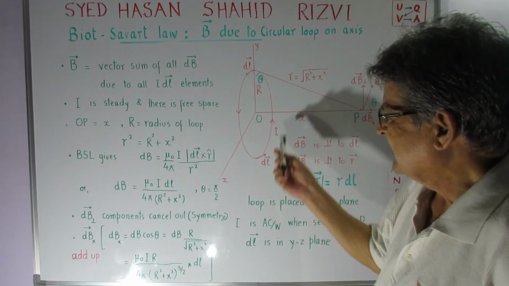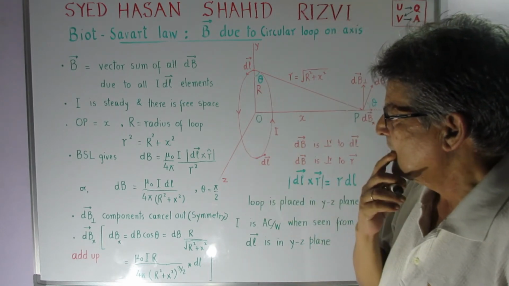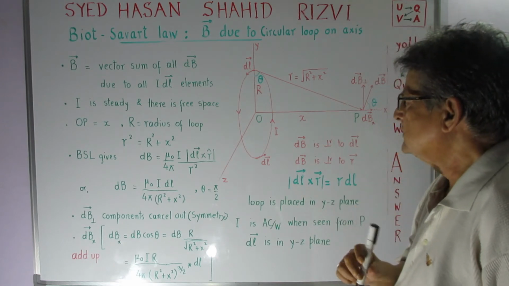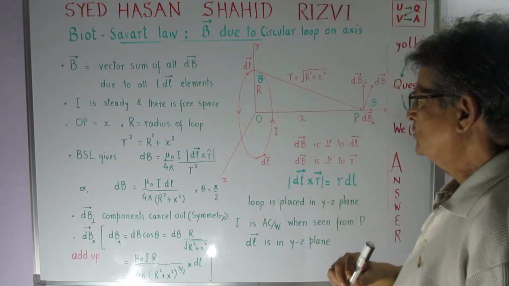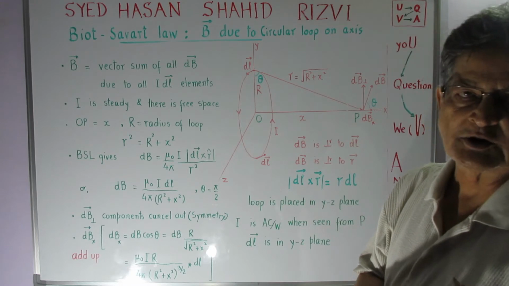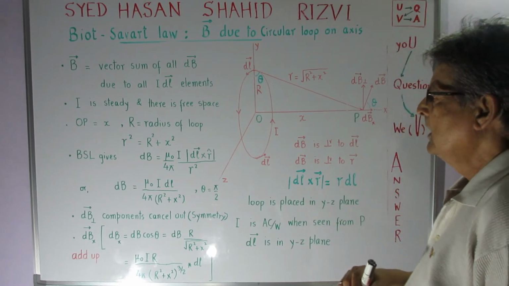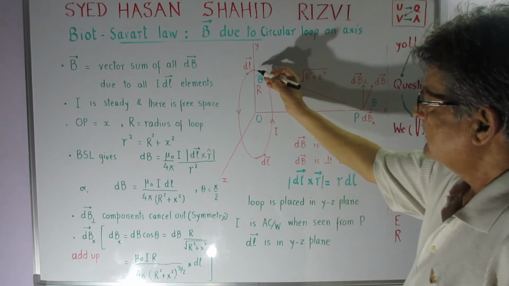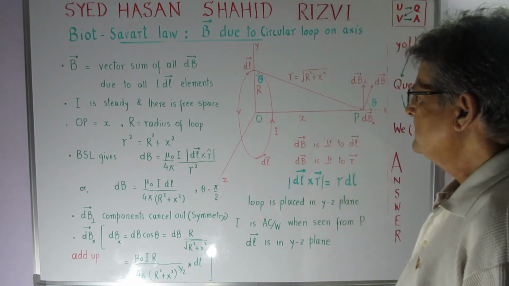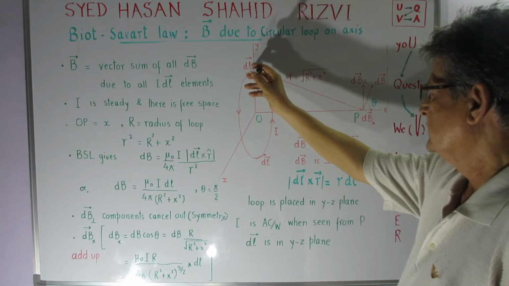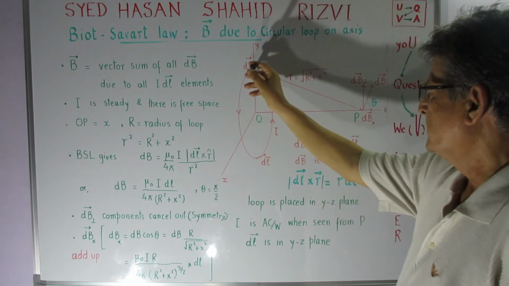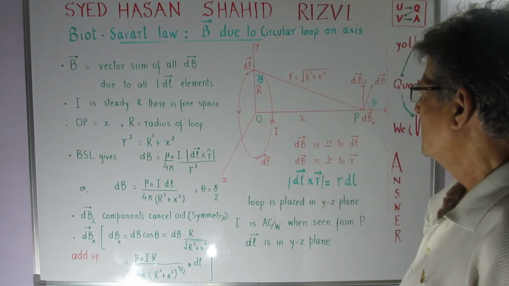It is a steady current that we consider there, and that is due to the flow of positive charges, which it is not. Now I have a certain dl element, and this is in this plane, so it is perpendicular to this thing.